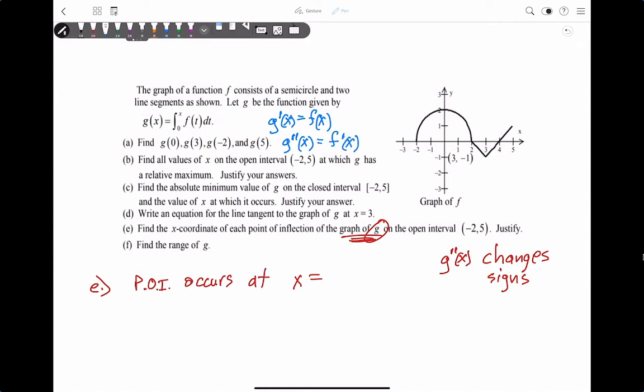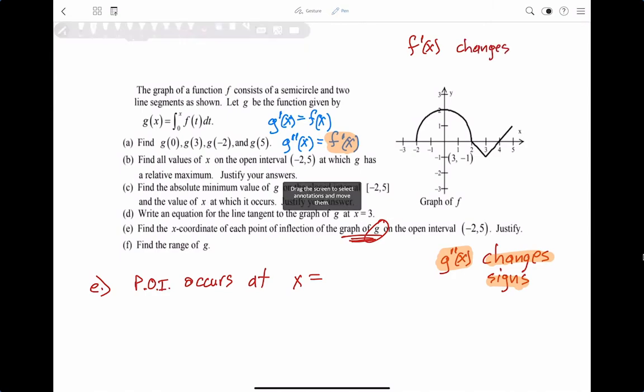So if g double prime is changing signs, that's the same as saying f prime is changing signs. Watch what I'm showing you: f prime changes from positive to negative, or changing signs means it could change from negative to positive.